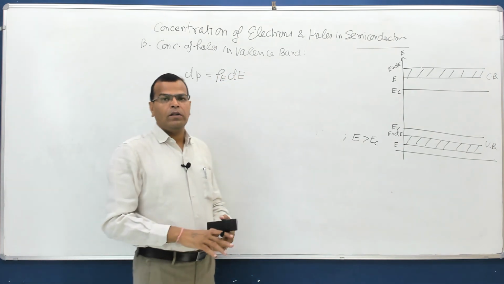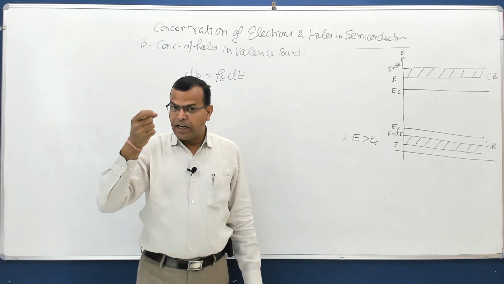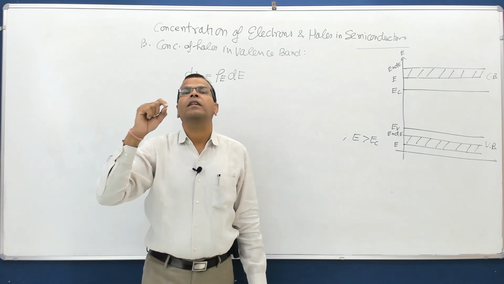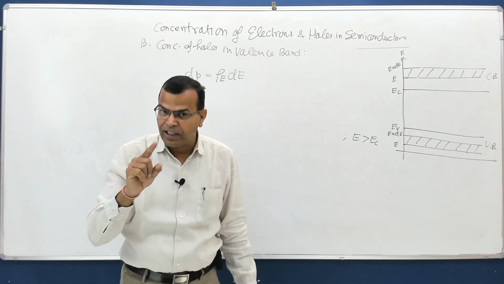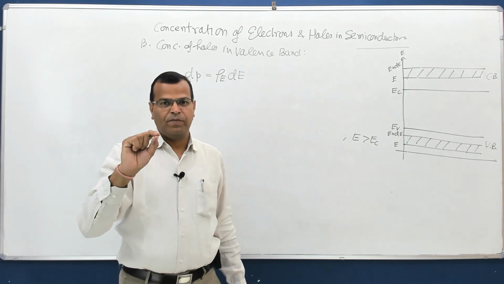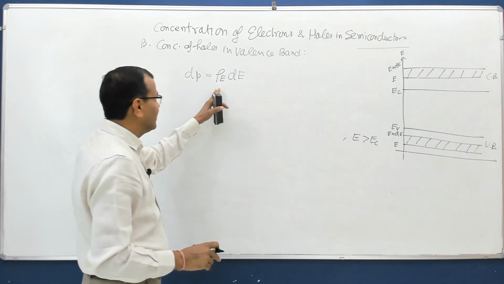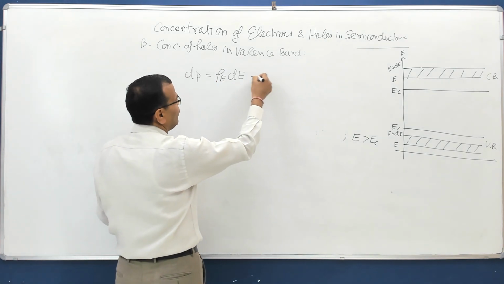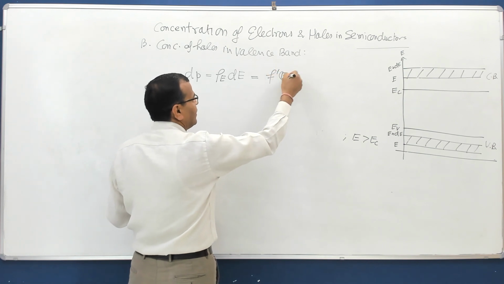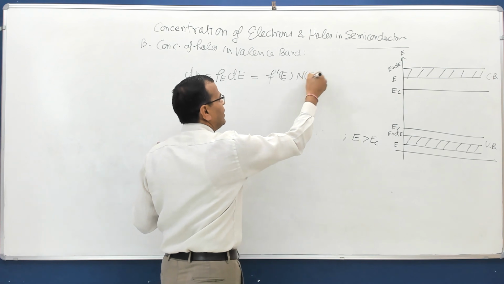Now it is important: rho E is the effective density of states in the valence band, the number of holes per unit volume per energy state.